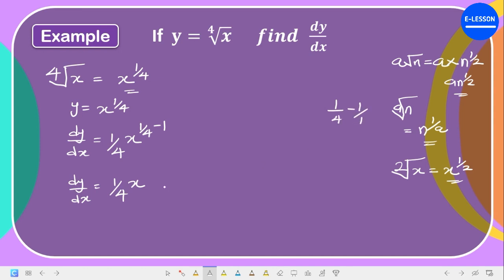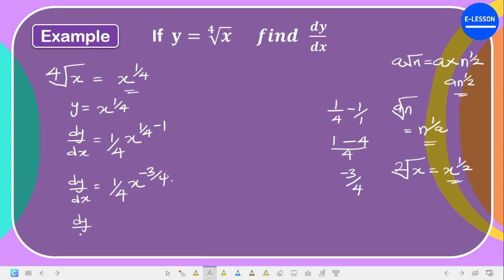Because 1 over 1 will still give us 1. The LCM of 4 and 1 is 4. 4 divided by 4 is 1 times this is 1, minus 4 divided by 1 is 4 times 1 is 4. 1 minus 4 is minus 3 all over 4. So this is equals to minus 3 all over 4.